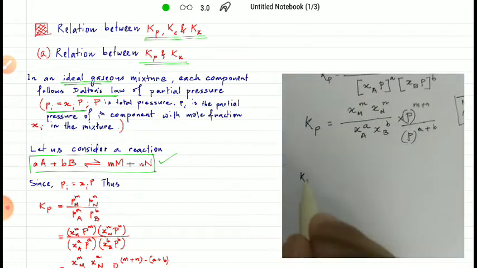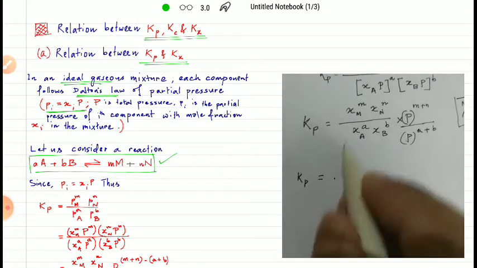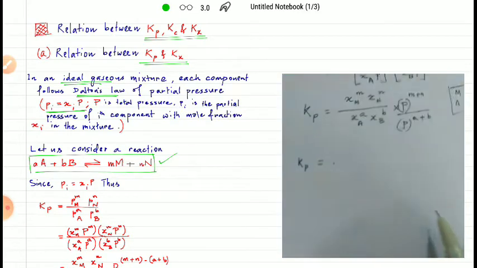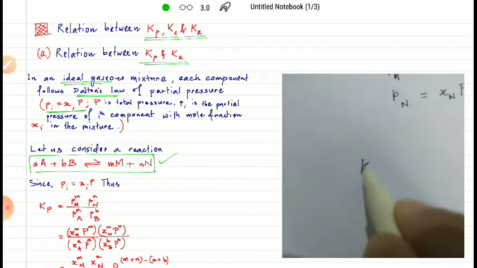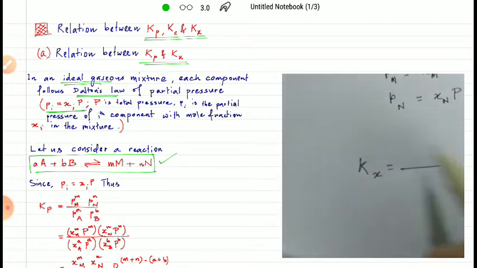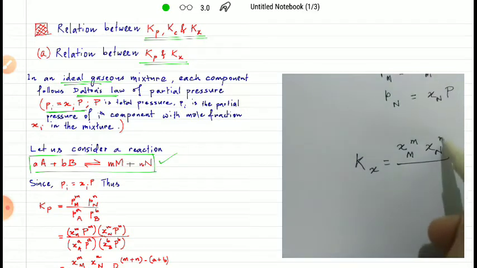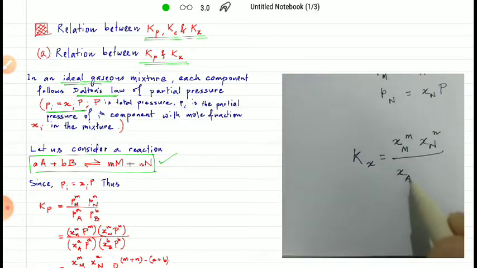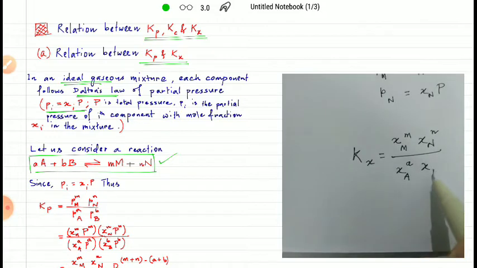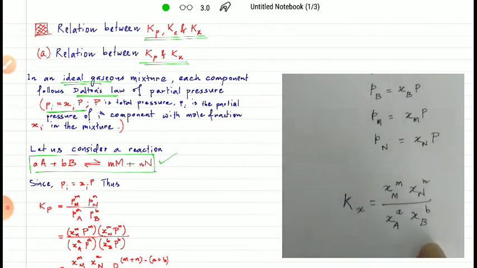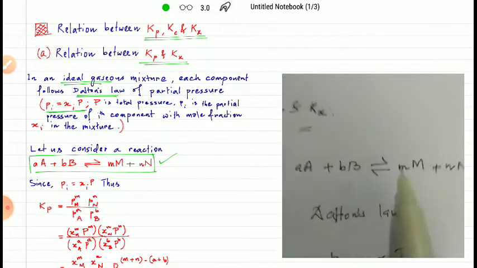So Kp is equal to, and what is this? Actually we know that Kx is equal to xM to the power m, xN to the power n, xA to the power a, xB to the power b. This is for this reaction, only this reaction.